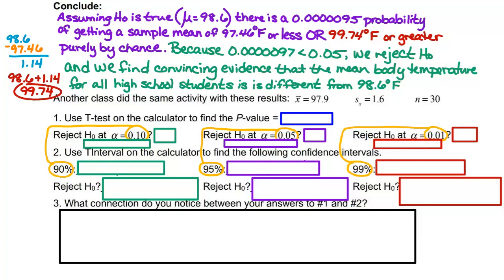So you need to find the p-value with these results, where x-bar is 97.9, SX is 1.6, and N is 30.